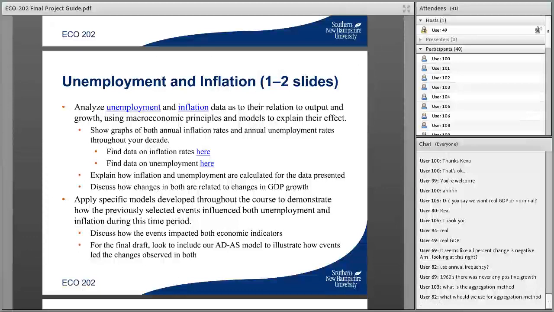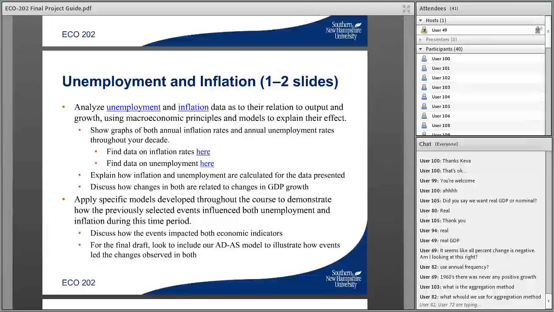Especially, I need to find a graph that goes back to the 1960s. You would look, if the real GDP increases, the numbers of the real GDP increase, there is some growth. You might want to go more into detail and look, even if you're not going to include it in your slide, Floyd, you can still look at the quarters or semi-annual to get a closer look, just for yourself and for your analysis.